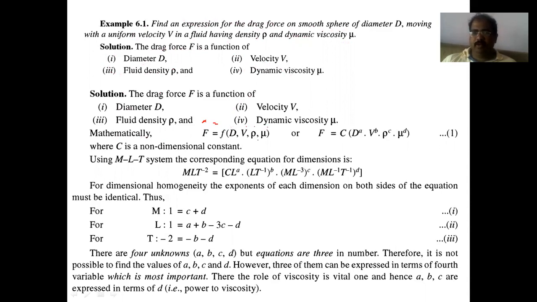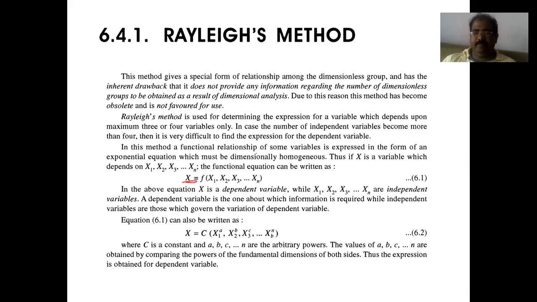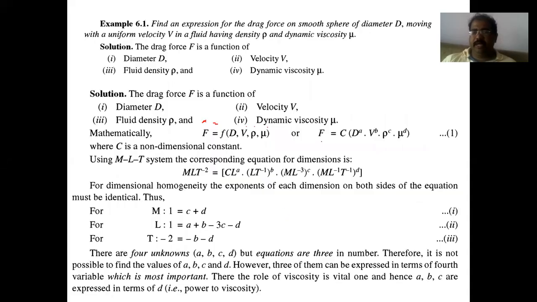We write this equation in its basic form. So F is equal to C, a constant, times d raised to power a, v raised to power b, rho raised to power c, and mu raised to power d.